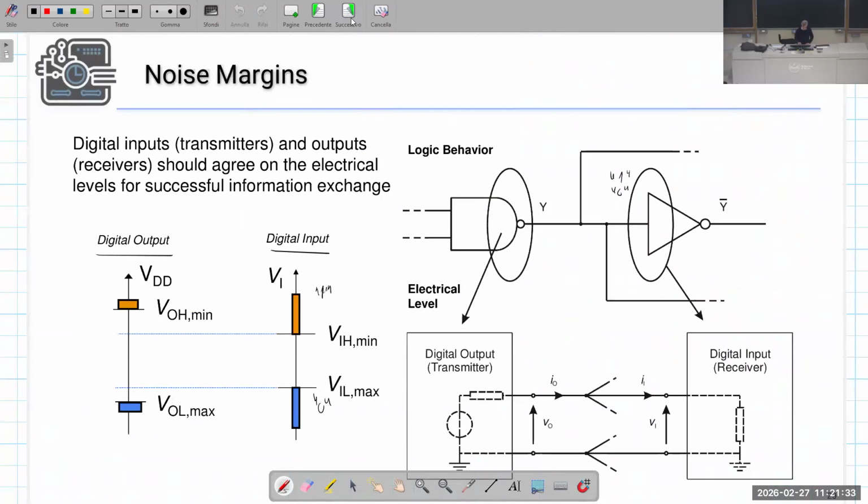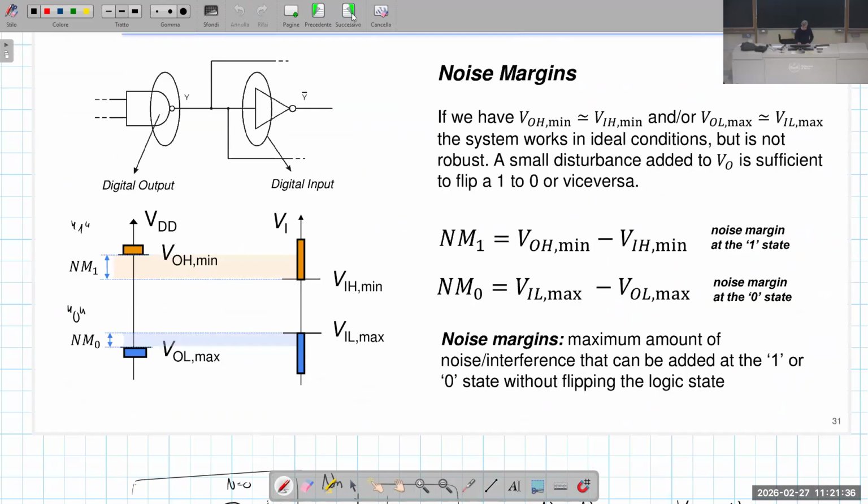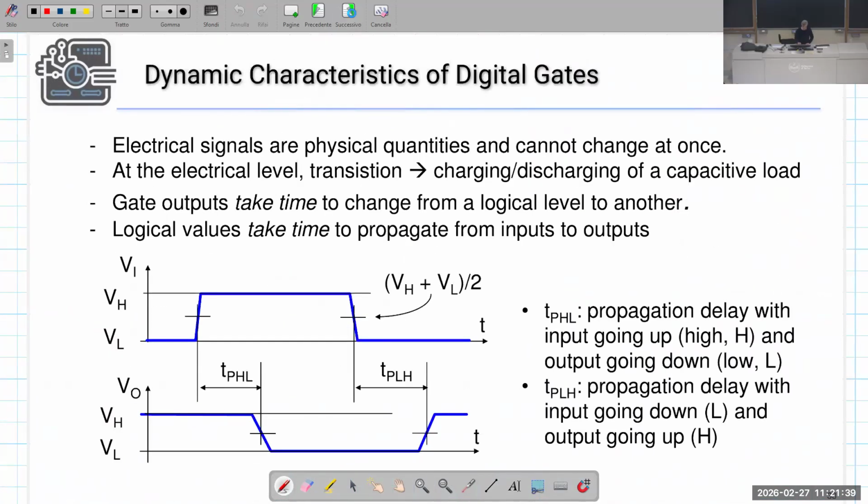So, that's it for what concerns the static electric characteristics of digital gates. Actually, I had in mind at least to introduce the dynamic characteristics, but we had lost a lot of time in the beginning. So in the end, we will go on with this part on Monday. Somebody pointed out that on Friday, you may have a lab in this time slot, from 10 to 11:30.